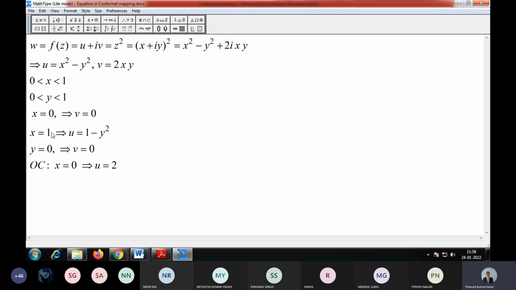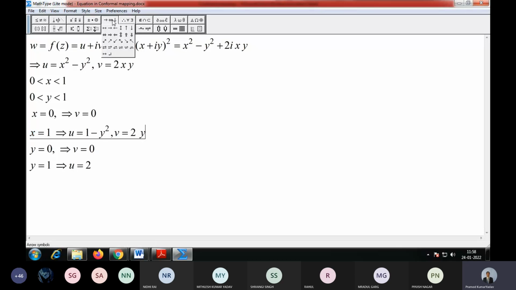And when y equal to 1, so in this case, when x equal to 1, then u will come 1 minus y square and v will come 2y. Please check. Am I right? Yes. So u equal to 1 minus y square and v equal to 2y.